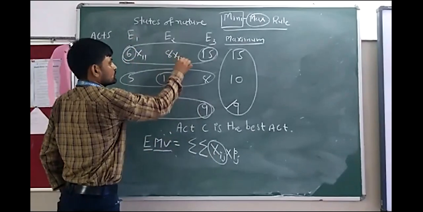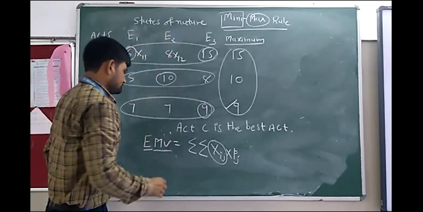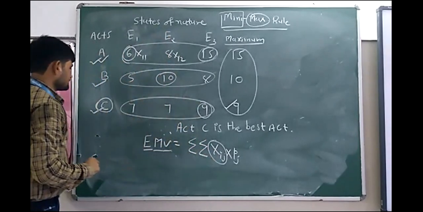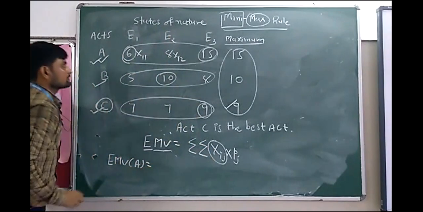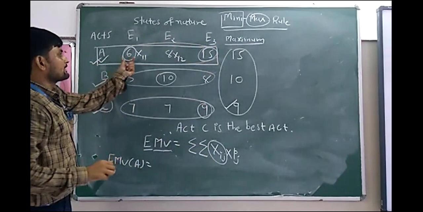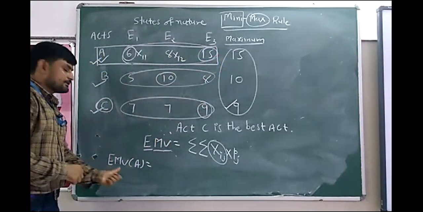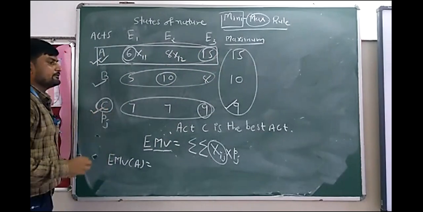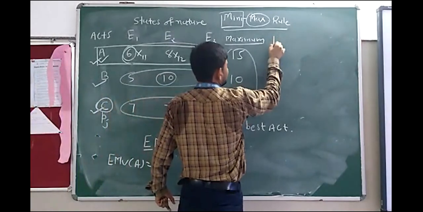This is called X12, that is the profit of first act for the second state of nature, and so on. We'll find this for each and every act. So here first we'll find the EMV for act A. This is our act A, and these are the Xij or payoffs. Now before finding the EMV, first we have to find the probability. And again, when we are talking about the Laplace criteria, we are talking about what? Laplace criteria.